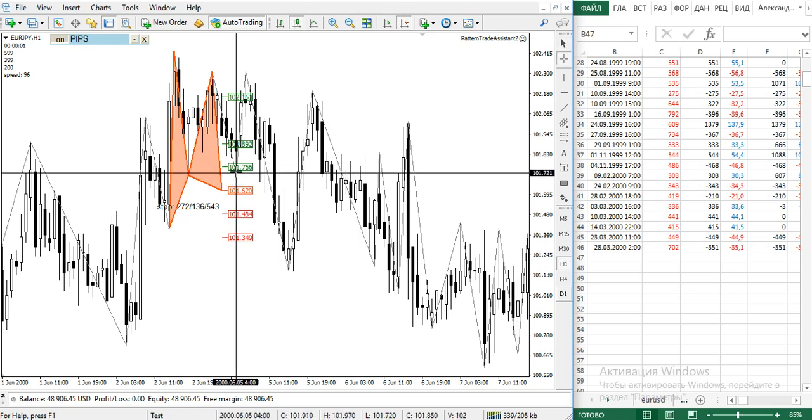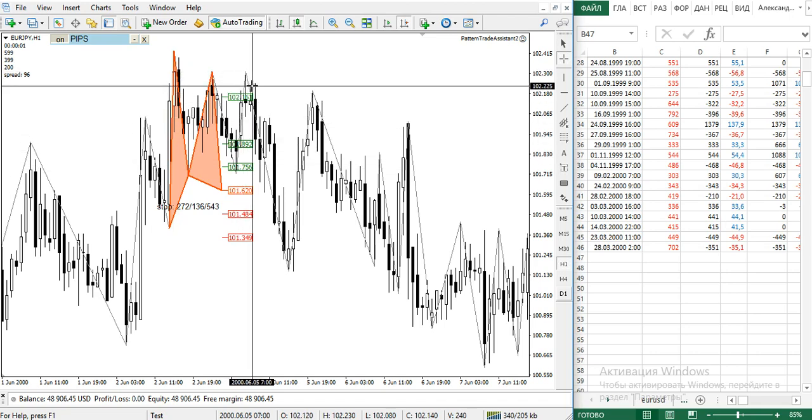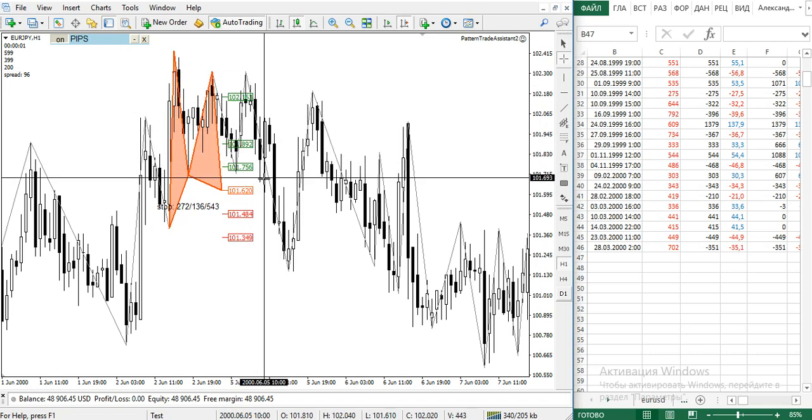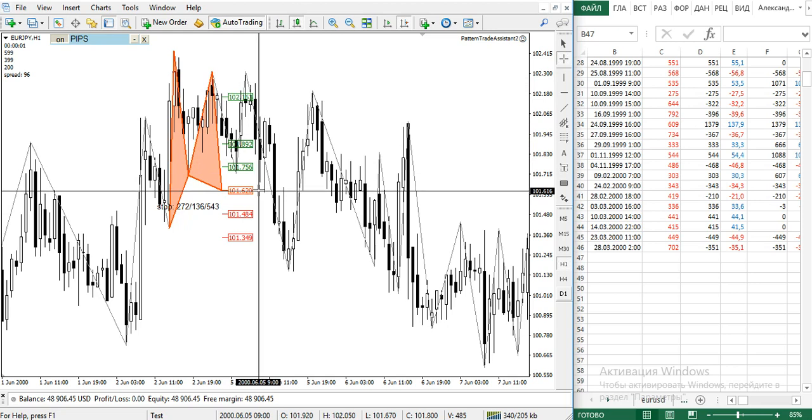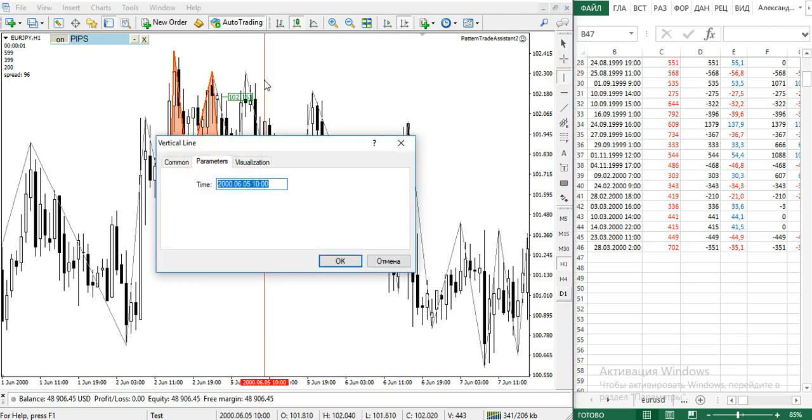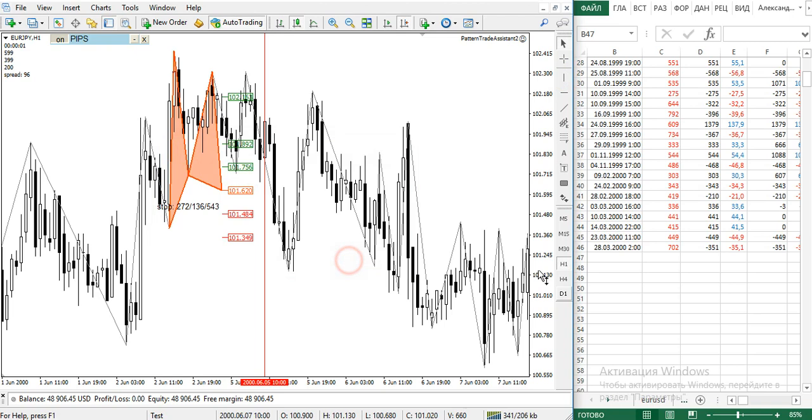Okay, so although the C to D leg is kind of strange, the pattern goes and completes on this candle, this white, and then it immediately hits the first target. So what we have is 272, 272 and 0, because second target was not hit.